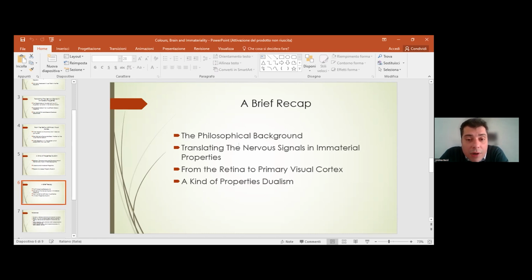The philosophical background: we see the problem is that of dualism. The problem of dualism is one that Husserl also faced, but I trace it back to Cartesio, one of the first to put it under the spotlight.